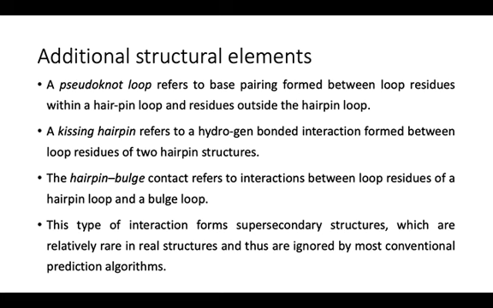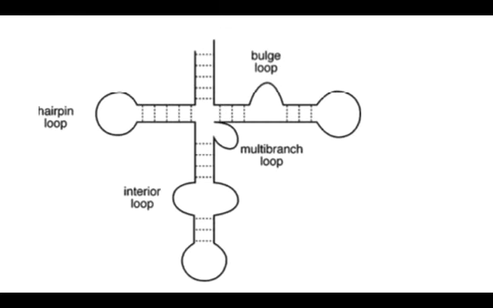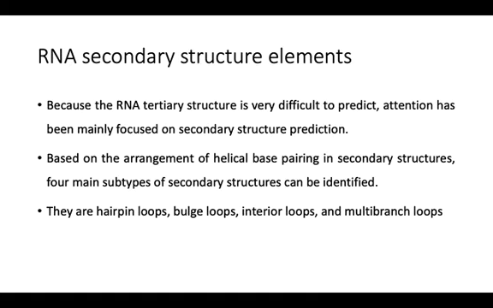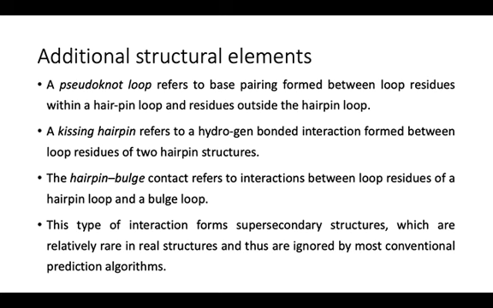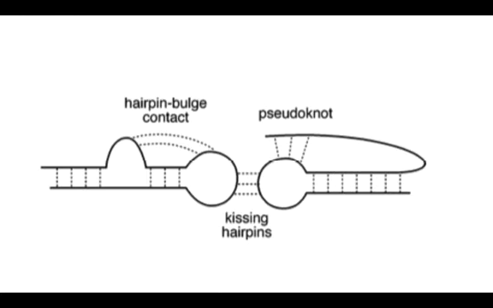So, normally when we talk about RNA secondary structure predictions, we normally focus on these kinds of structure elements. So these additional structure, super secondary structure elements. This is the example of some of them. So pseudoknot, kissing hairpins, and hairpin bulge contact.